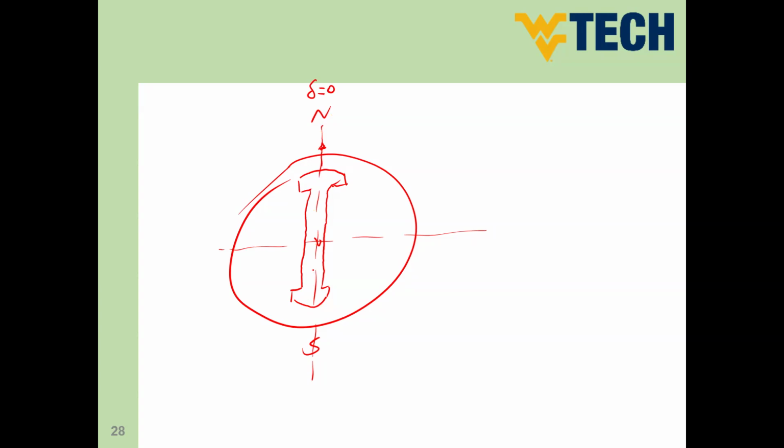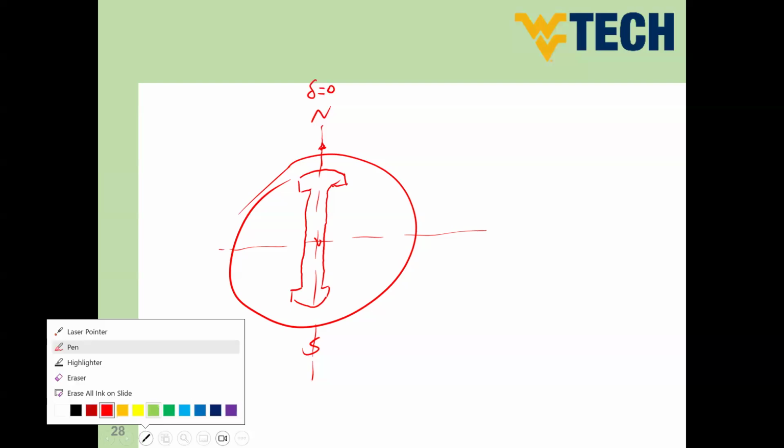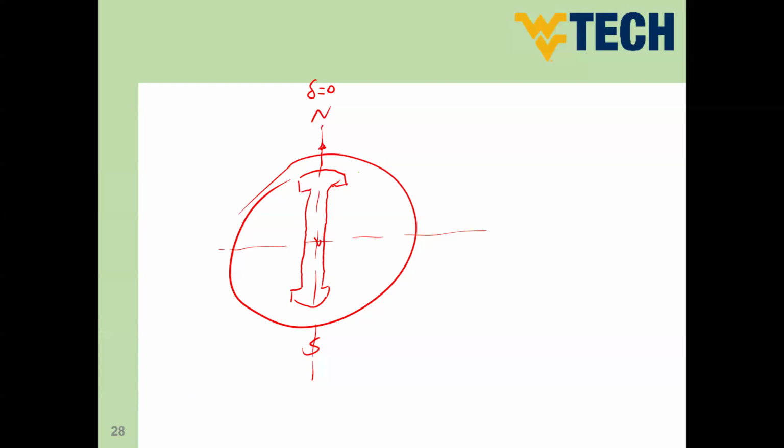If you start loading this machine, let me draw this in another color. So this is the rotor axis in red. I'm going to draw the rotor axis again if you load this machine. If I load it with a certain amount of power, you will find that the axis of the rotor is like that.